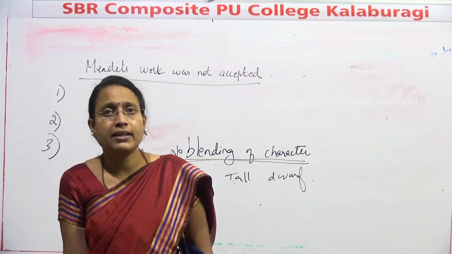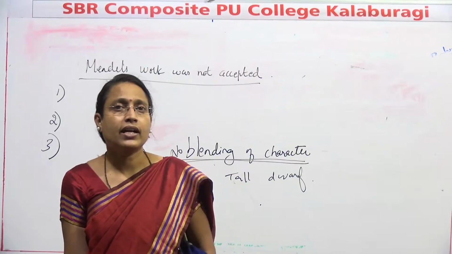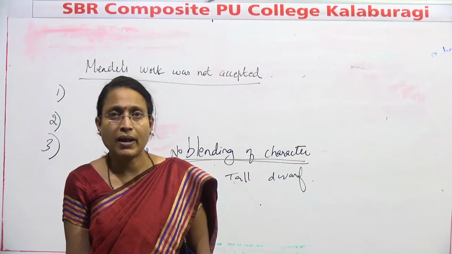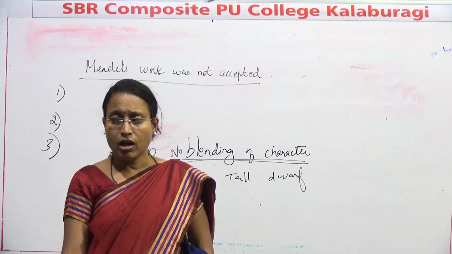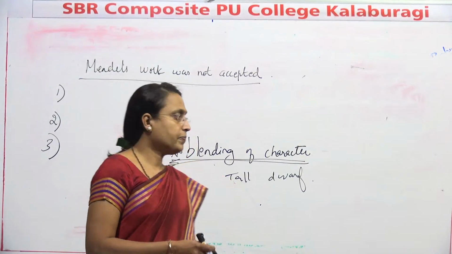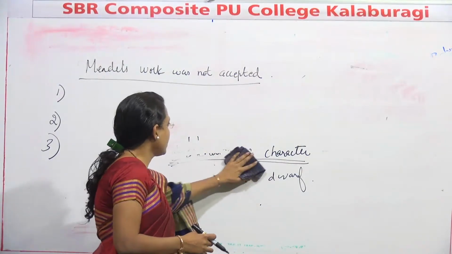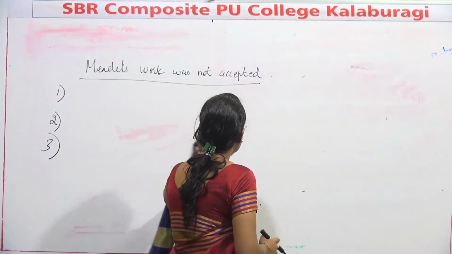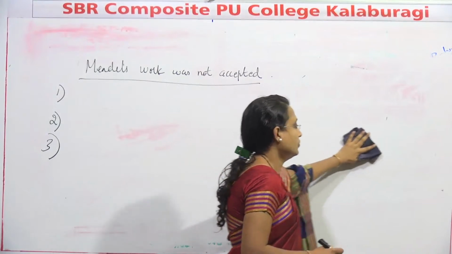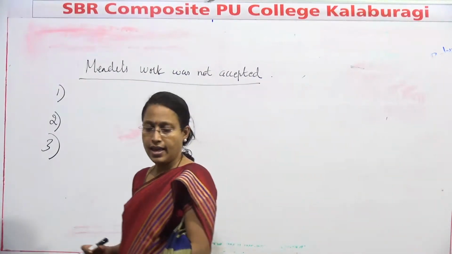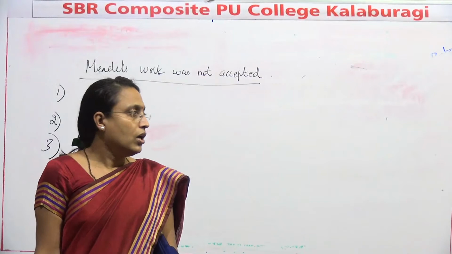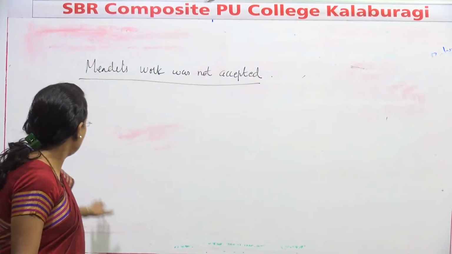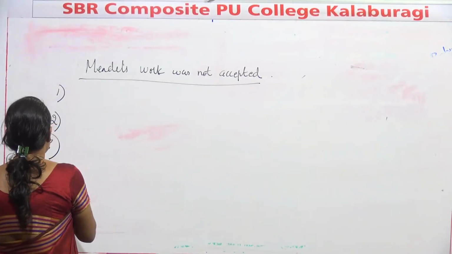He couldn't explain why that blending of character occurs. Since he couldn't explain, that is also one of the reasons why his work was not accepted.